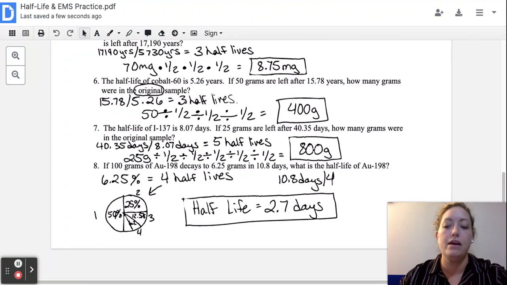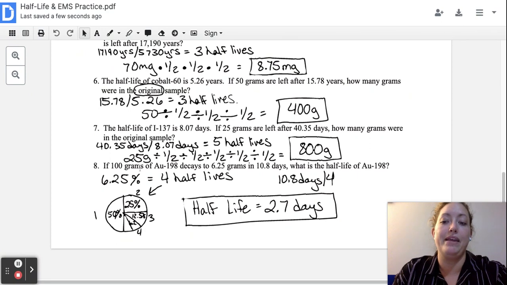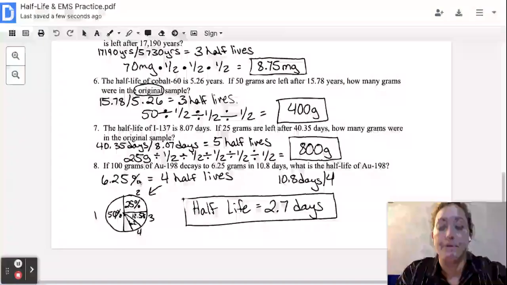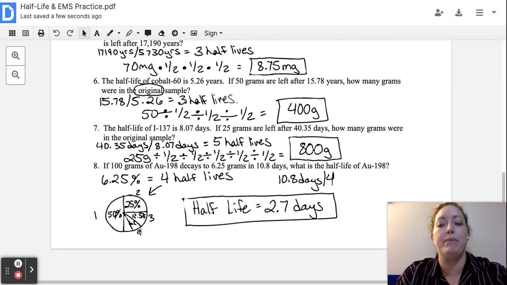What is the half-life? So if we have 6.25 grams out of 100 grams to start, that would be 6.25%. So you can figure out your percentage, figure out how many half-lives that is. So I went back to the pie pieces here. We know that if 1 half-life passes, you have 50% remaining. 2 half-lives pass, you have 25% remaining. 3 half-lives pass, you have 12.5% remaining.